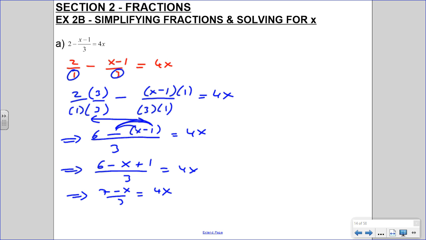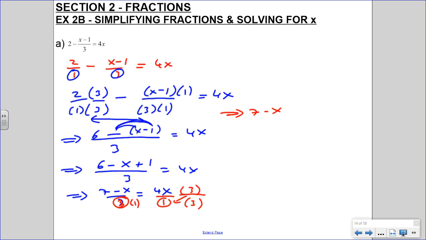So if we want to solve for x, I want x equals, yeah? But this denominator is different from this denominator, so likewise we need to make them the same. At the moment this is the same as 3 times 1, so we do actually have the 1 here. But we need this to have a 3 on the bottom, and therefore if we do it to the bottom we have to do it to the top too. So I'll keep this going over here.